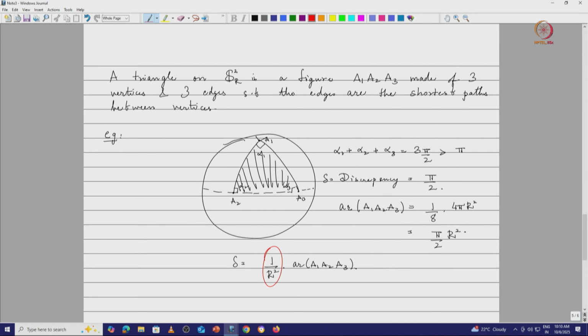On the other hand, if you take a really tiny sphere, let's say a table tennis ball, clearly you can see the curvature of that sphere. So that means that this 1 by r squared essentially measures how curved the sphere is. So this discrepancy is essentially the total curvature inside the triangle.